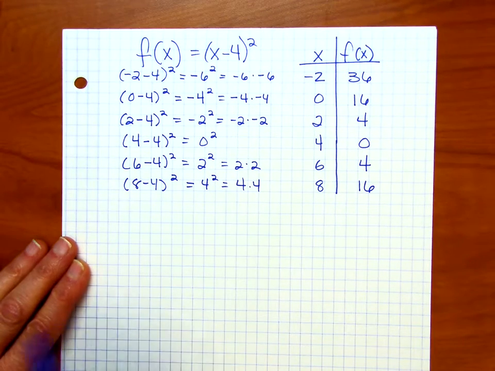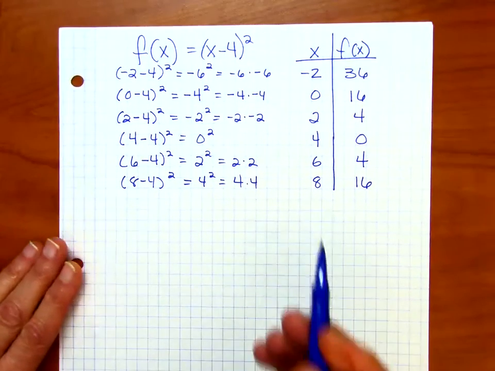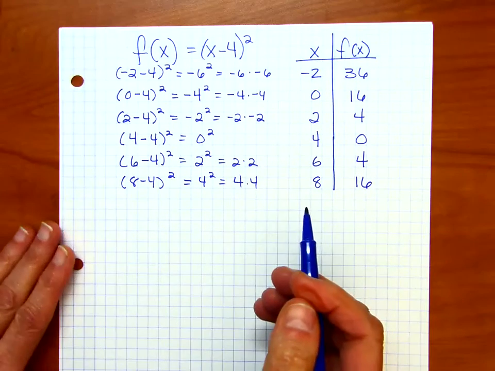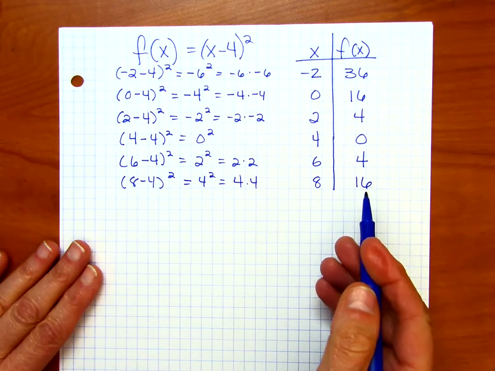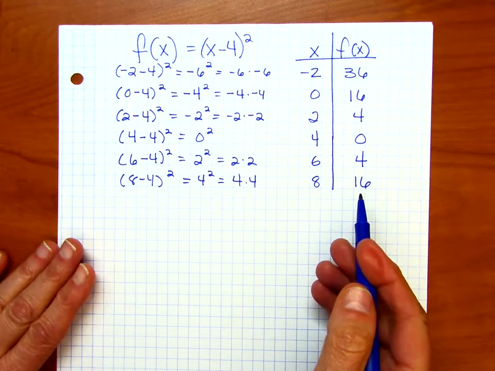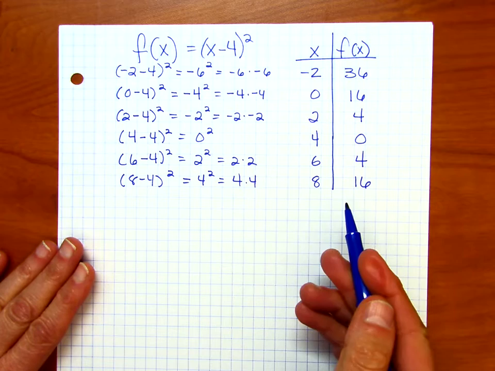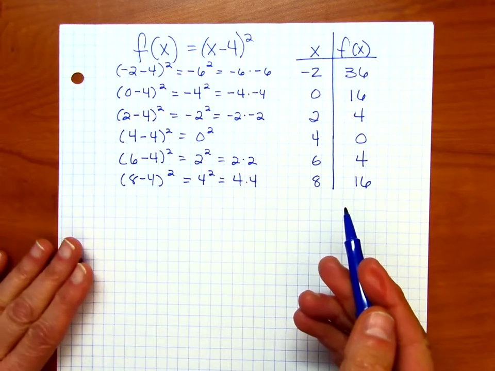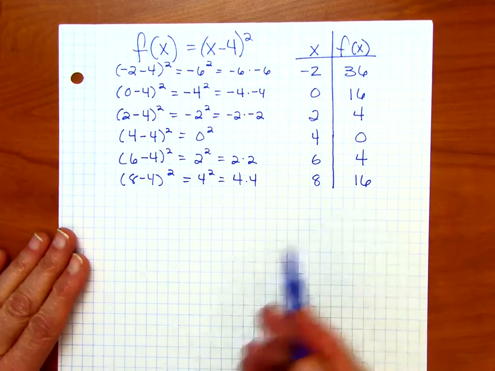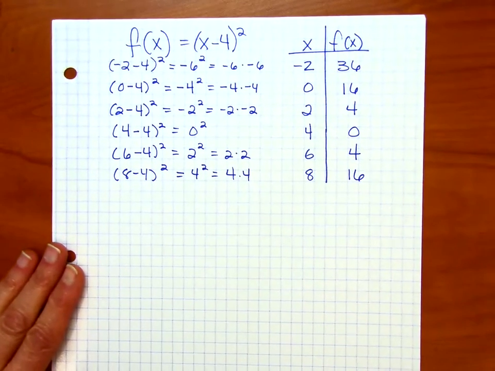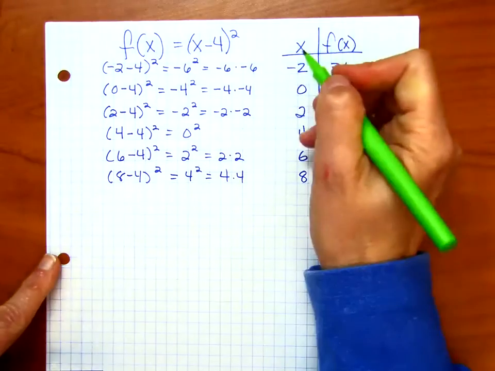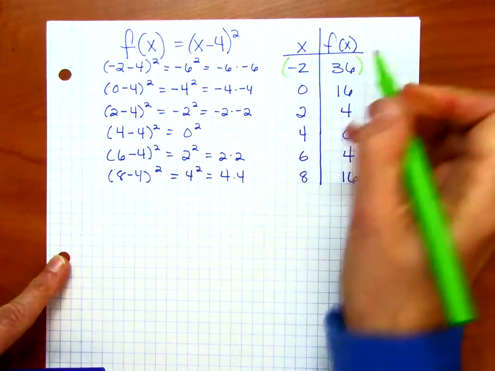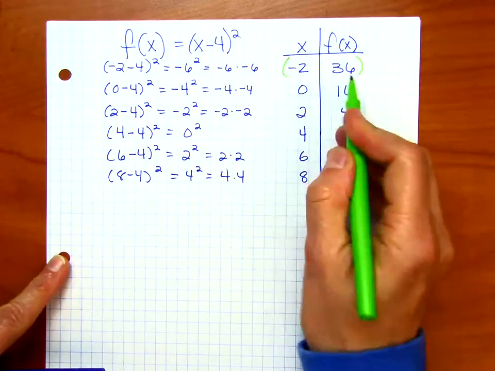Okay, now there could be any number of x values that can be plugged in, and you're going to be able to get enough information to draw your graph. These are just a sampling of numbers, values that we can use. And so let's go and use these values now and plot the points. Remember, when we're plotting points, we need an x and a y value, and so these are now our coordinates.